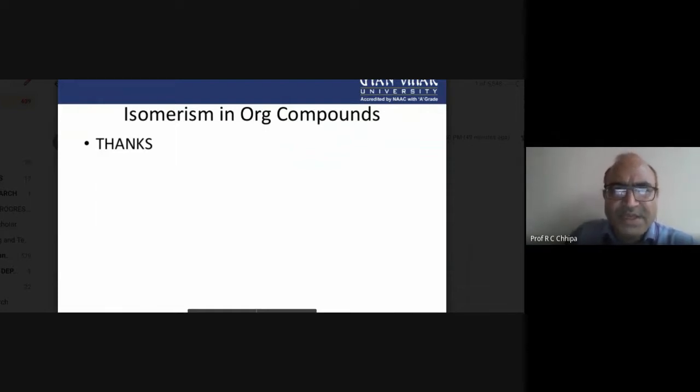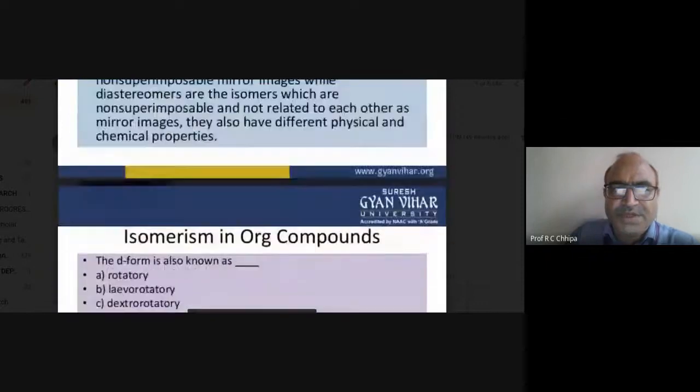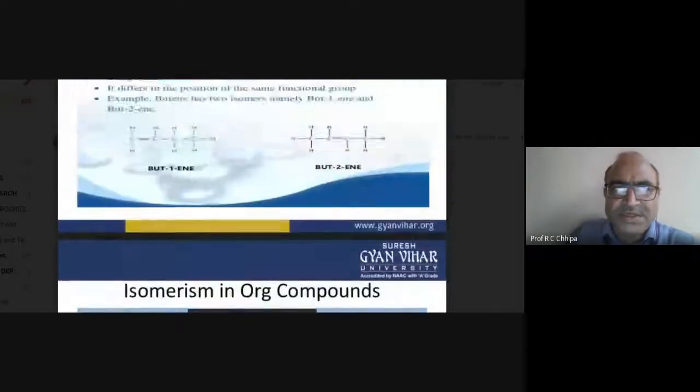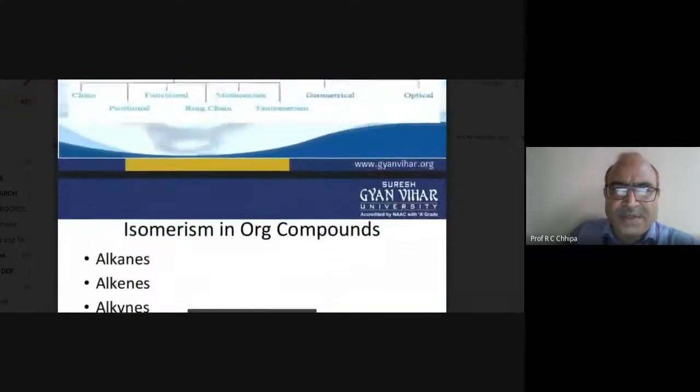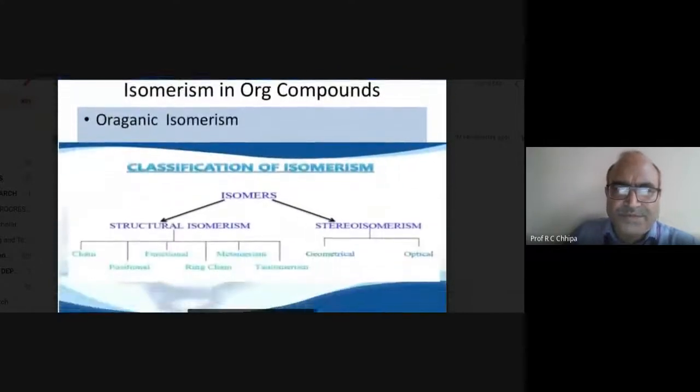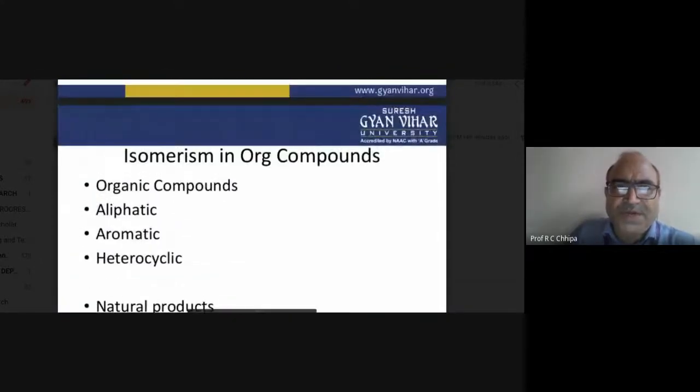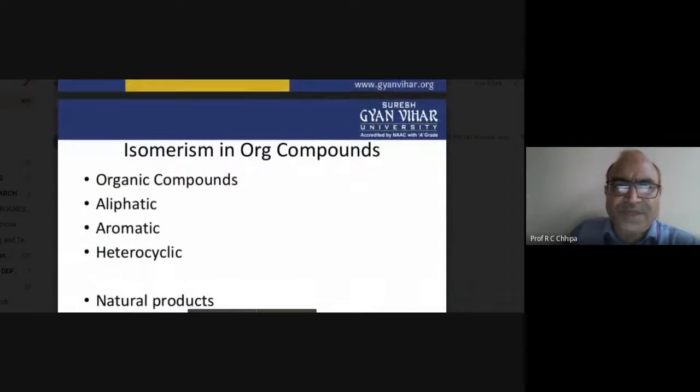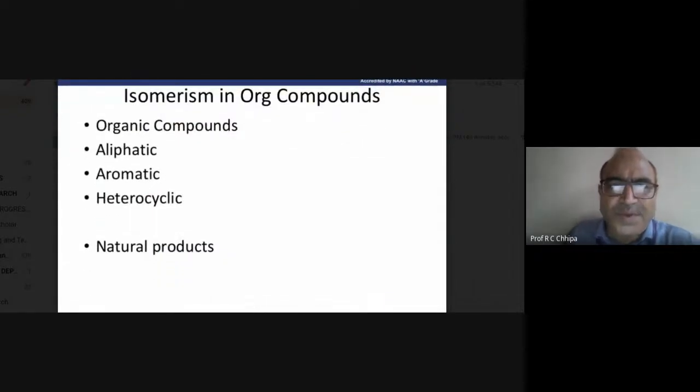So finally, we can say that there are a number of isomeric forms in different organic compounds.